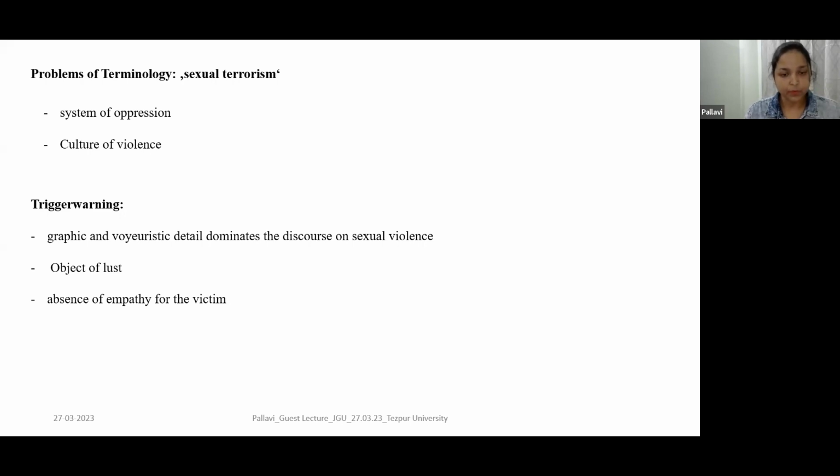For example, before the naming of sexism or sexual harassment, it was women's behavior that was seen as problematic and in need of explanation. That's why these terminologies are very important. The naming of violence, for instance rape, sexual violence, is therefore not random, and is very much biased and context specific.